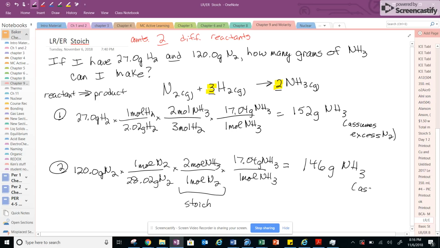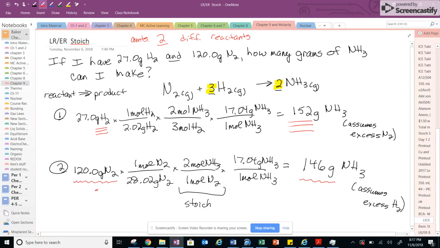This assumes there is excess of my hydrogen. Well, how am I supposed to know how much I can make there? Notice if I use up every itty bitty gram of that nitrogen, I make 146 grams of ammonia. I don't have any more nitrogen after I do this, so that means I can't make any more than 146 grams of it. Now notice I have enough hydrogen where I could actually make all the way up to 152 grams.